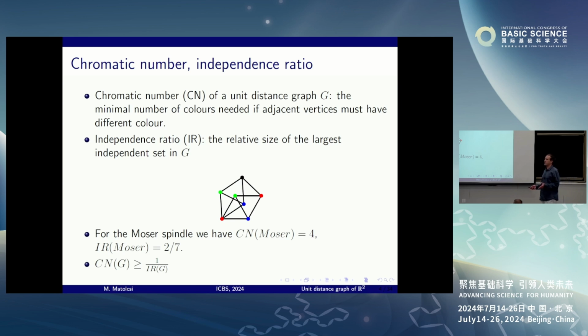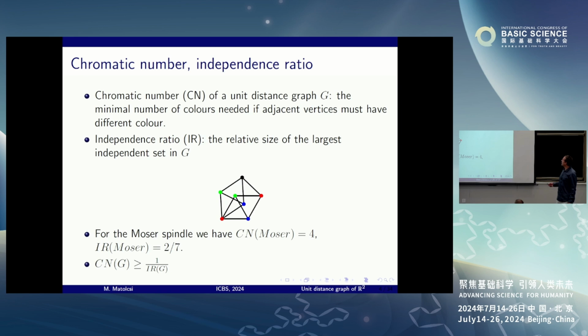There are standard notations in combinatorics for the chromatic number, usually denoted with the Greek letter chi, and the independence number, usually denoted by alpha, but I'm not going to use them because it's hard to remember for a talk like this, so I'm just going to use abbreviations. CN is chromatic number, IR is independence ratio, and so on. So maybe it's easier for the audience to follow what notion is being talked about.